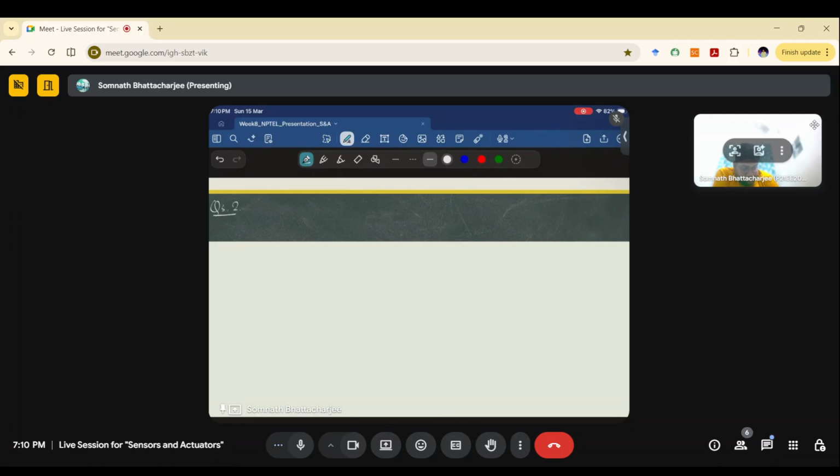Question number two is: which of the following process parameters influence the thickness of film deposited by spin coating?